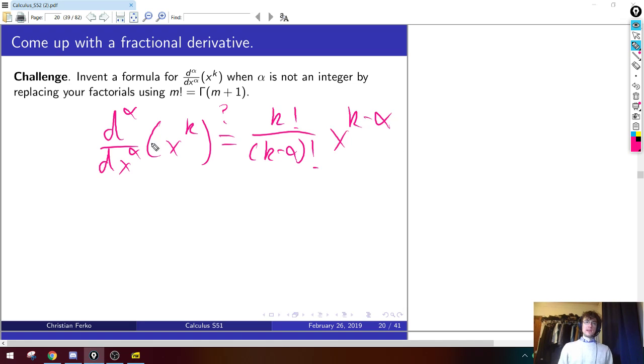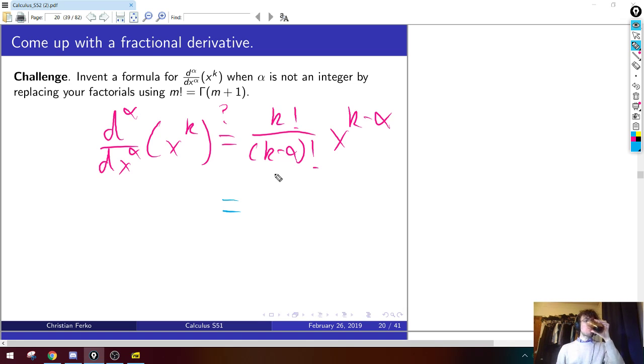We wrote down this formula only for integers, and now we would like to change the right-hand side in some way so that it's true not just for integers, but for any real numbers. So what should I write to make that work and agree with the previous formula, the factorials, on the integers?